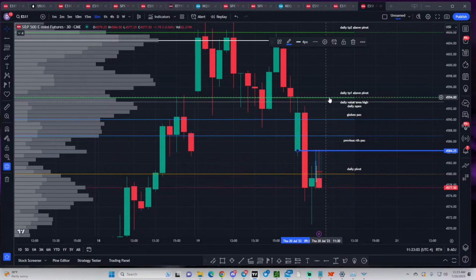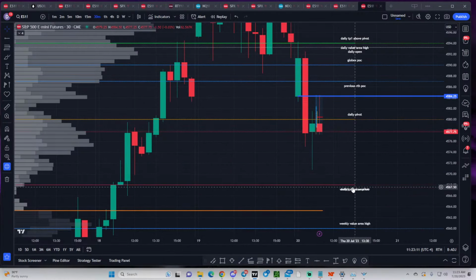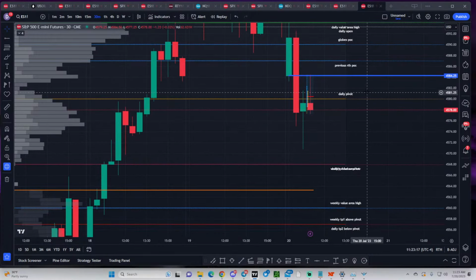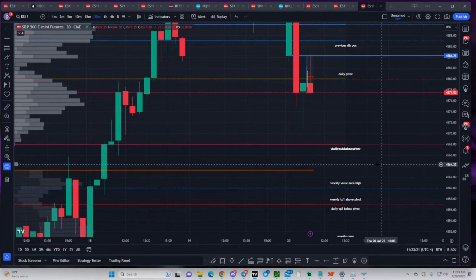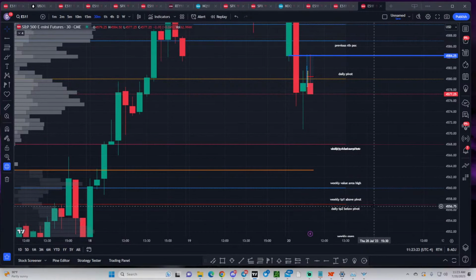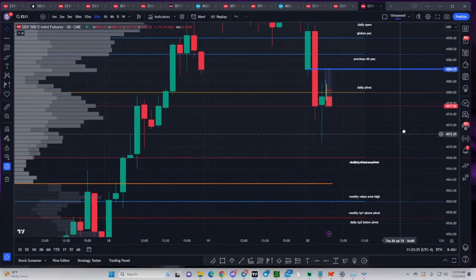Okay, that's all it did. It hit the TP1, and you can see the rejection there. And it traded all the way down here close to our, I believe 68 is our TP1 below pivot. Same, TP2 will be over here and so forth.